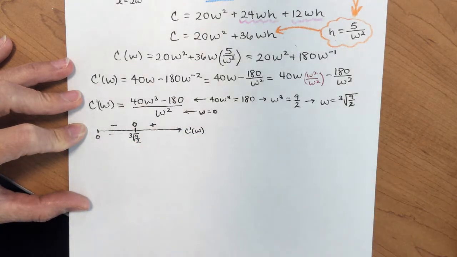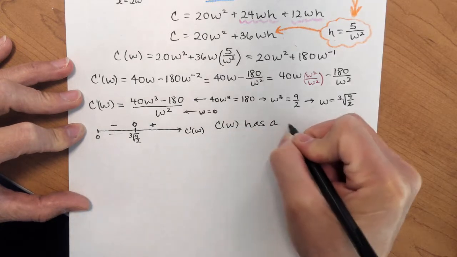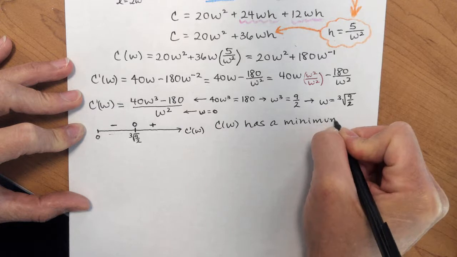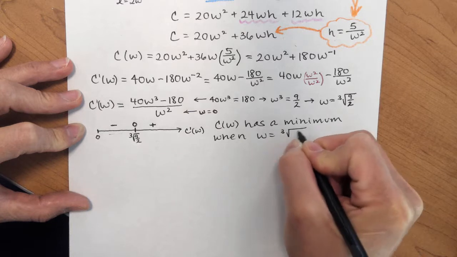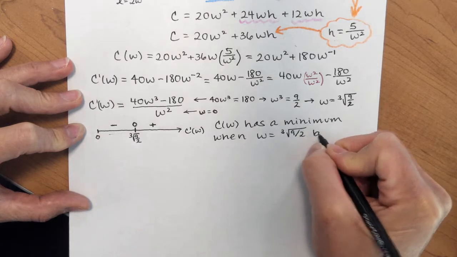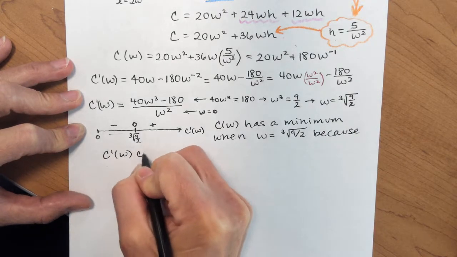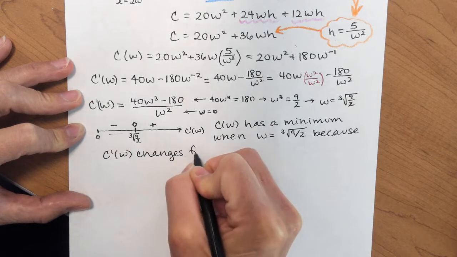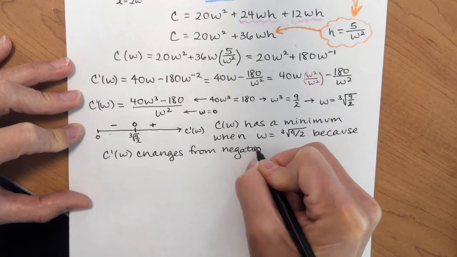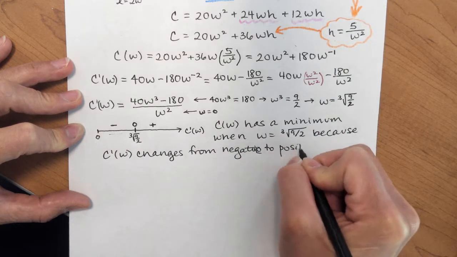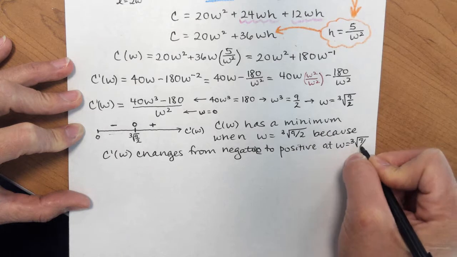So I've just confirmed that C of W has a minimum when W is the cube root of 9/2, and I know this because C prime of W changes from negative to positive at W equals the cube root of 9/2.